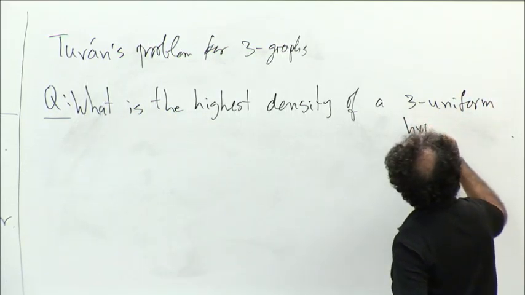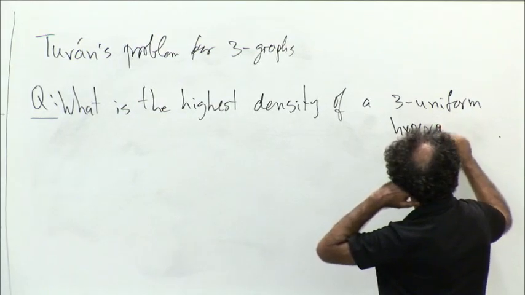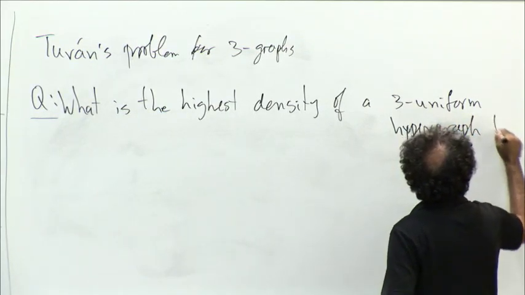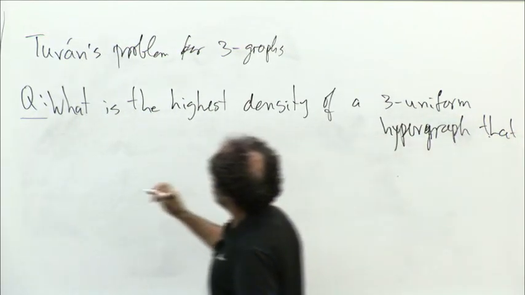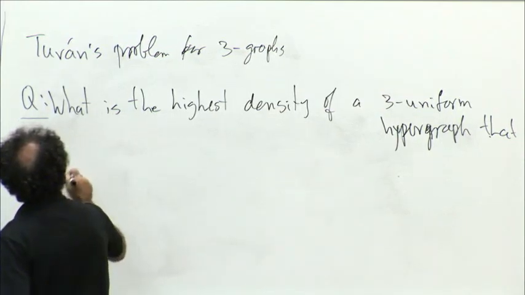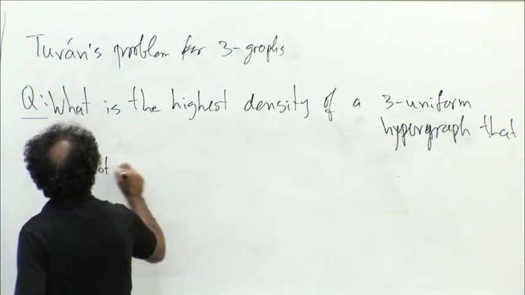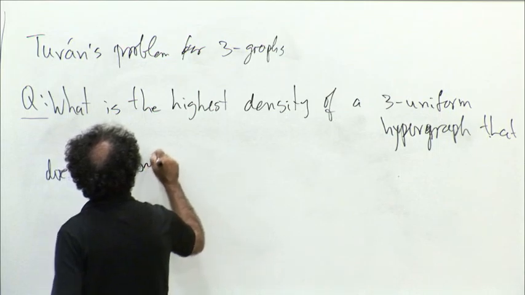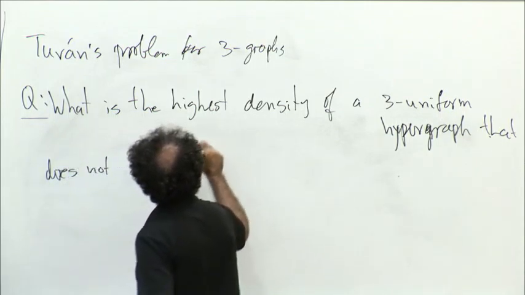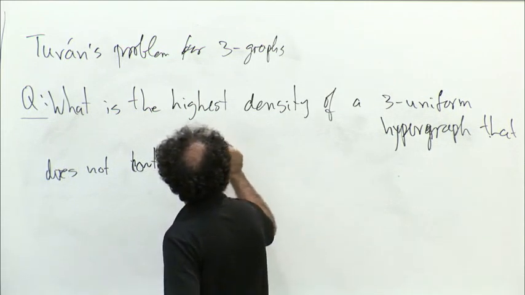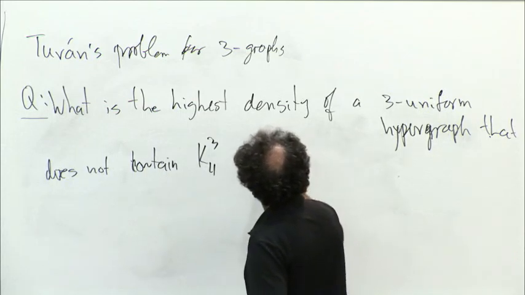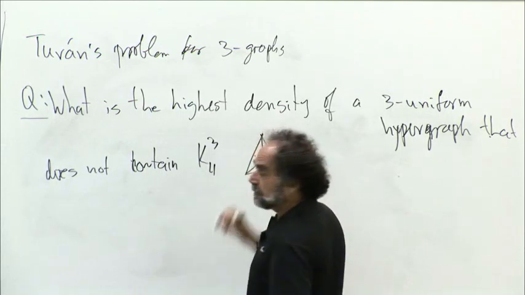So collection of triples that does not contain K_4^3. So it doesn't contain 4 vertices and all the 4 triples in it.